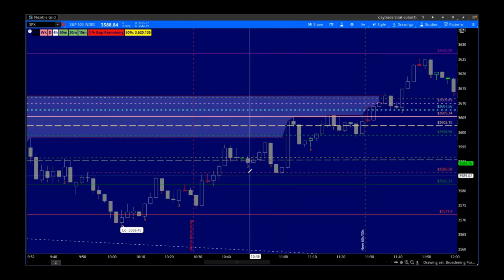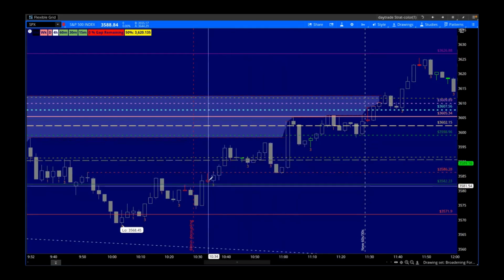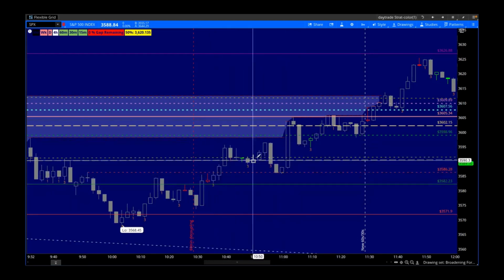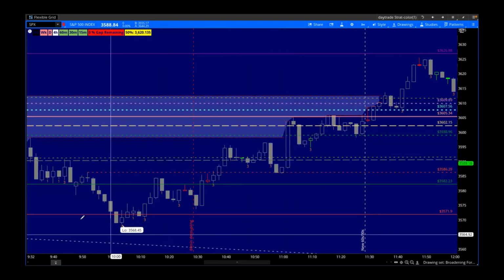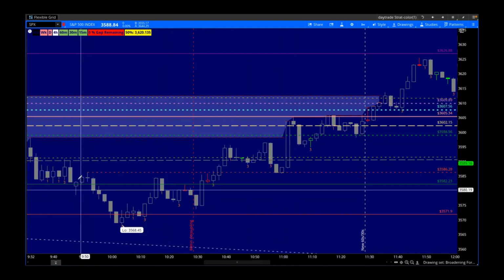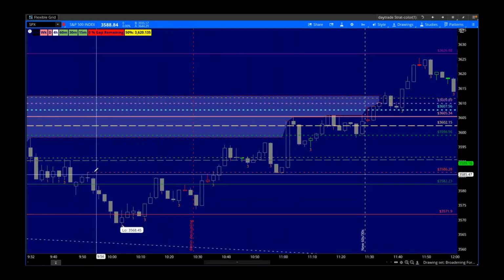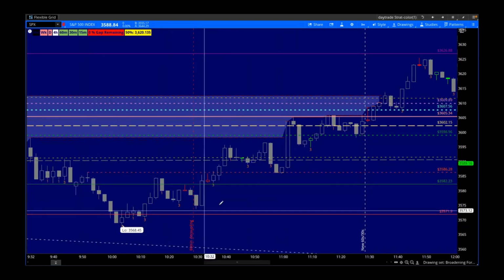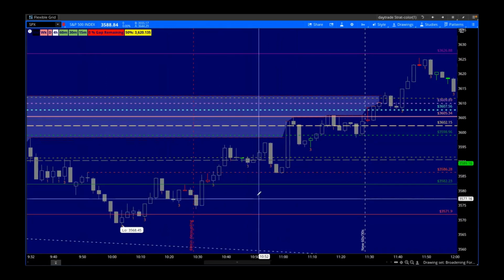This is just like when people do trend line breaks, where it breaks the trend line and then comes back down to retest that trend line and then takes off. This is the exact same concept, but I'm marking the H crest because that is now market structure for me.